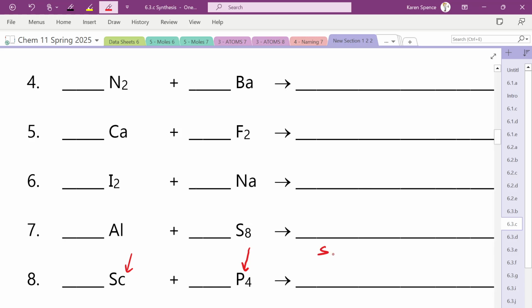So scandium is +3. Phosphorus. What's the charge of phosphorus? -3. Oh my gosh, this one is just ScP. Woo! Look at that. That's crazy. So if we put a 4 here and a 4 here, we're good to go. But you have to make sure you balance those charges and that you put the metal first.